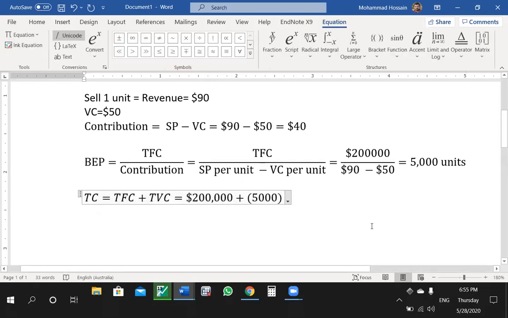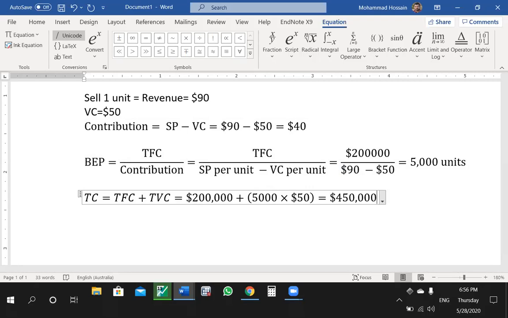This 5,000 units will be multiplied by the variable cost of $50 per unit. So in total, it will be 250,000 plus 200,000, $450,000. The $450,000 is your total cost.